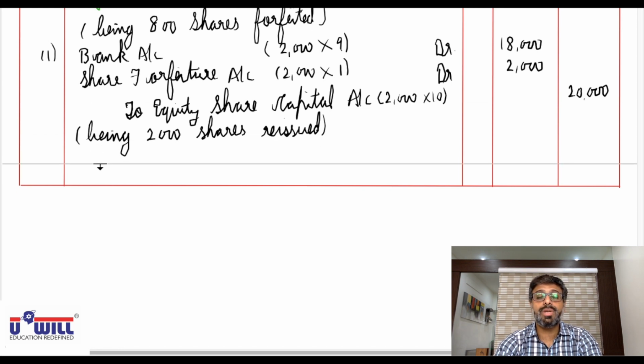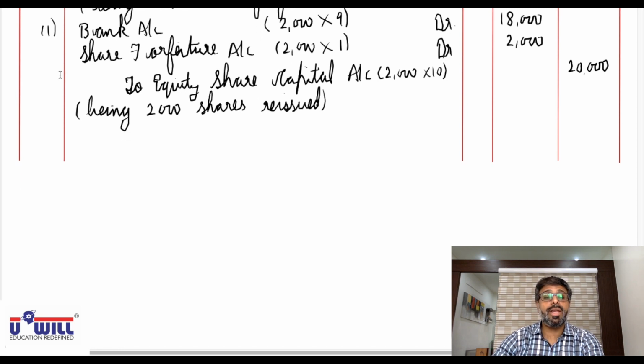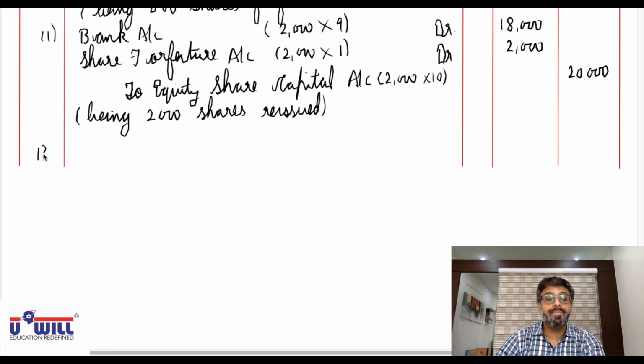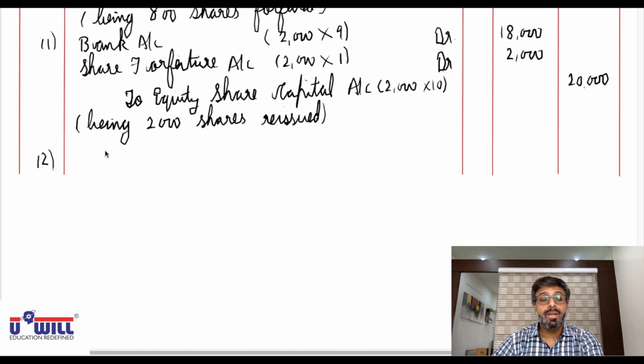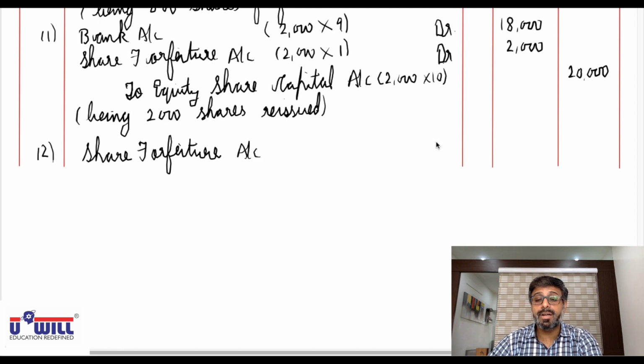Now after the reissue, last entry is for profit. So 12th entry, share forfeiture account debit to capital reserve account.